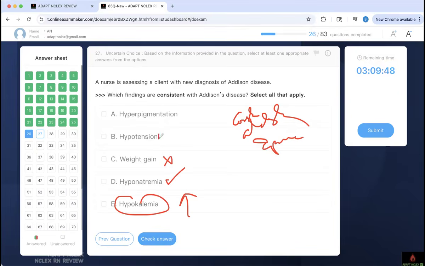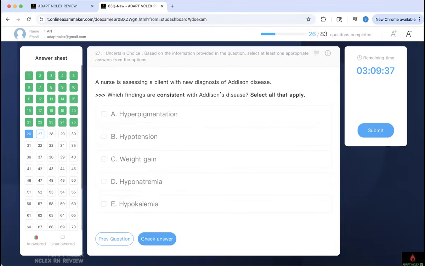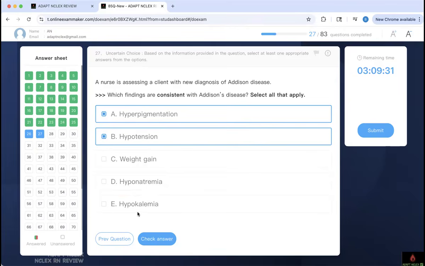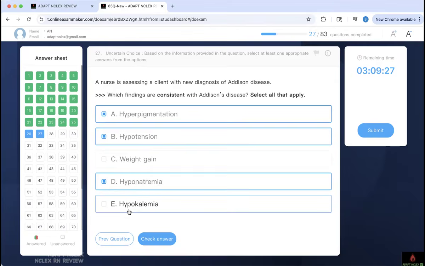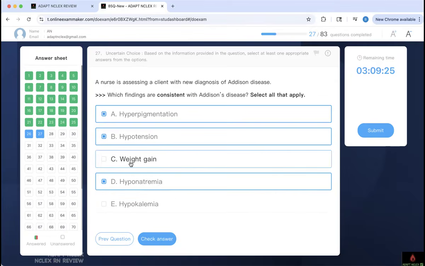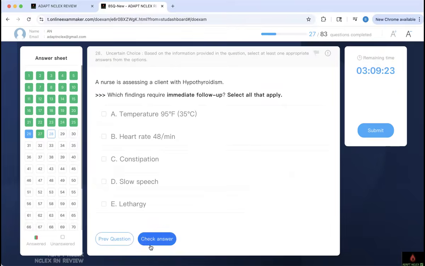Your blood pressure is going to be low, and you have hyperpigmentation. So A, B, E are your right answers. These are what you should expect in a patient with what? Addison disease. So hyperpigmentation, hypotension, and what? Hyponatremia. They're going to have hyperkalemia and weight loss in this situation.